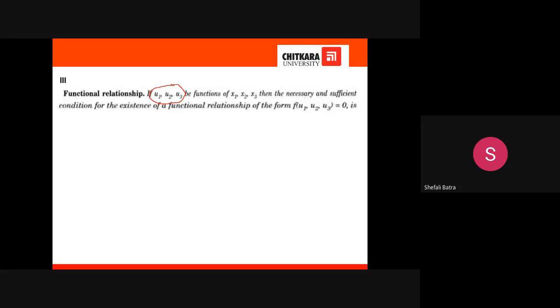Then what is the condition for checking their relationship? It is that the Jacobian is equal to 0. If the Jacobian of u1, u2, u3 with respect to x1, x2, x3 is equal to 0, they are functionally dependent. Right? So to check functional dependency, you need to find the Jacobian.